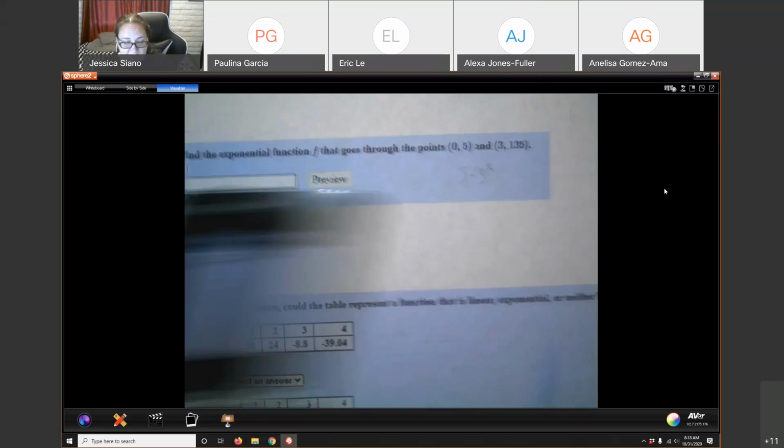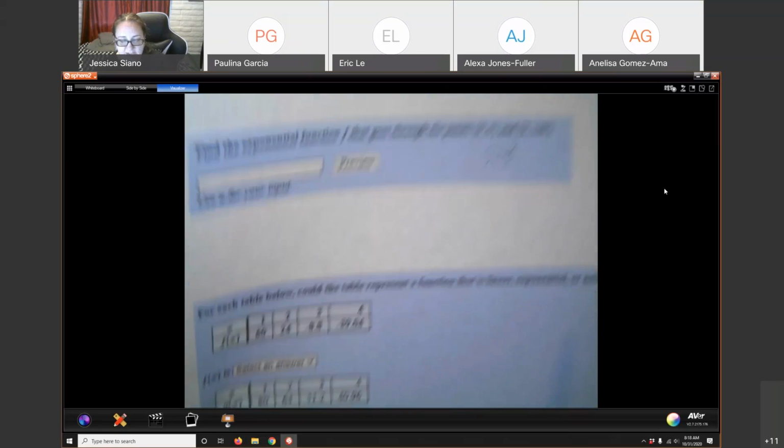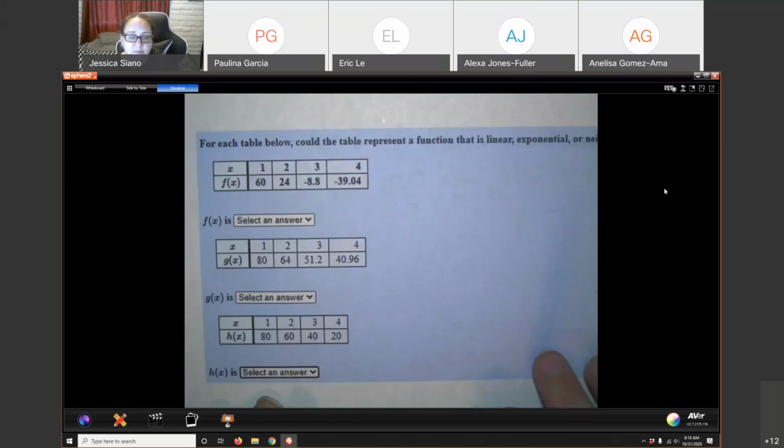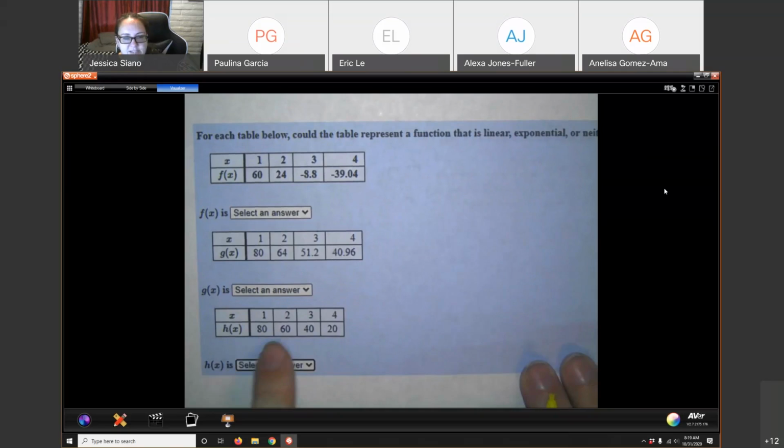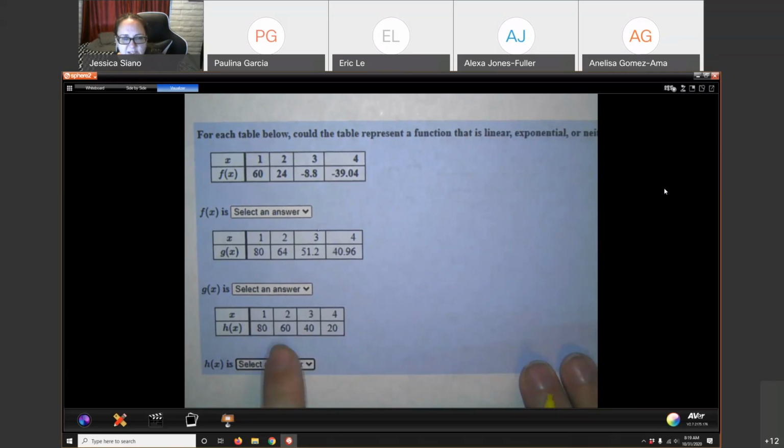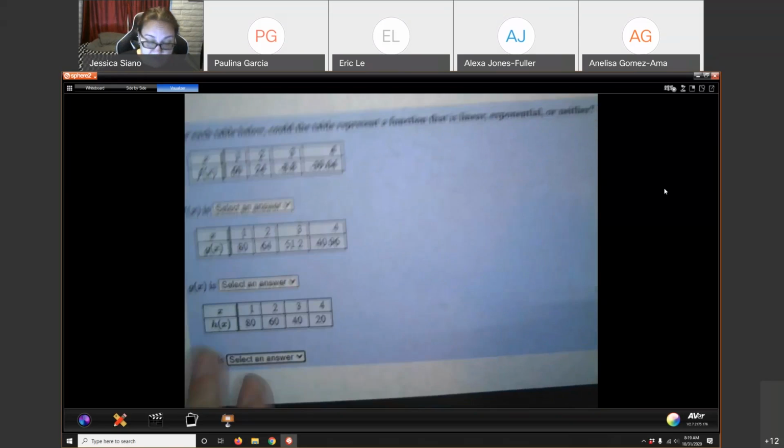So if you're asked whether a function is linear, exponential, or neither, obviously we can examine these. It's pretty easy to tell when something is linear. The linear one on this list is screaming at me because you see how everything goes down by 20, down by 20, down by 20. So H of x is definitely linear.